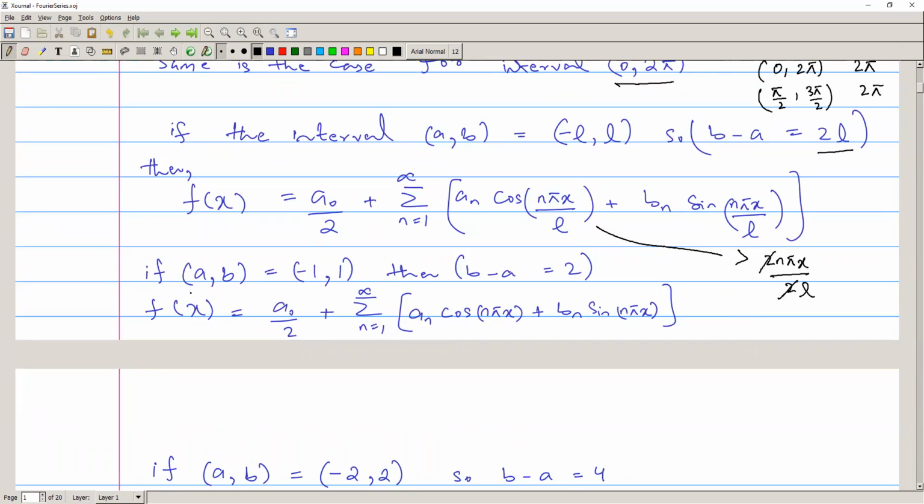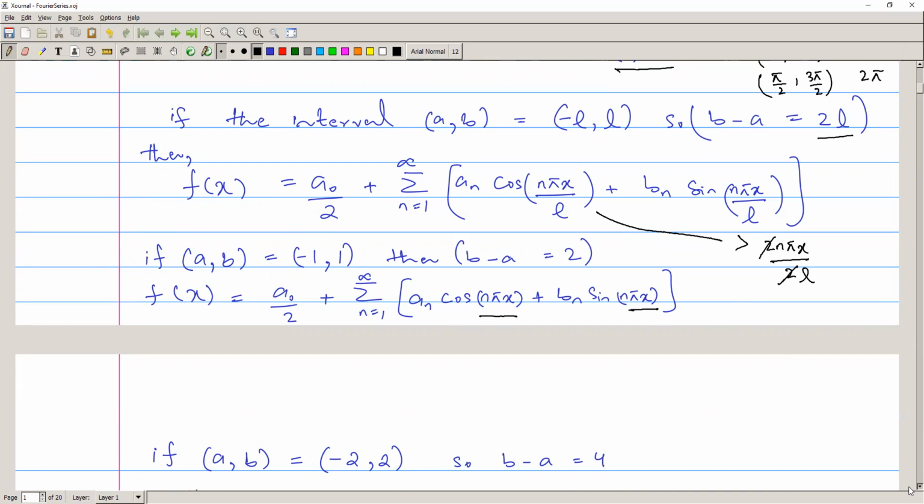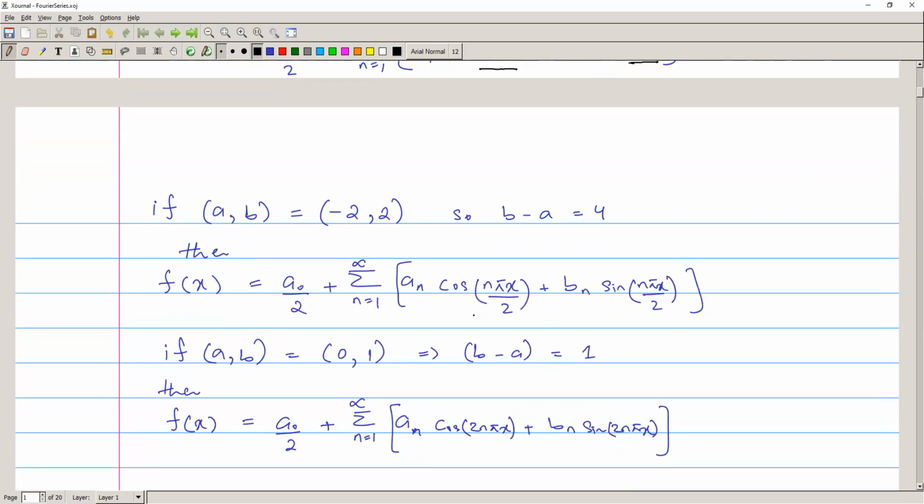Same is the case if a comma b is equal to negative 1 to 1, then b minus a will be 2. And when we divide 2n pi x over 2, the 2 and 2 will cancel out, and we will be left with n pi x and n pi x, right? So you should be familiar with all this stuff.